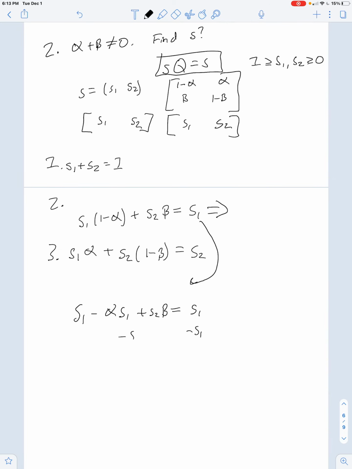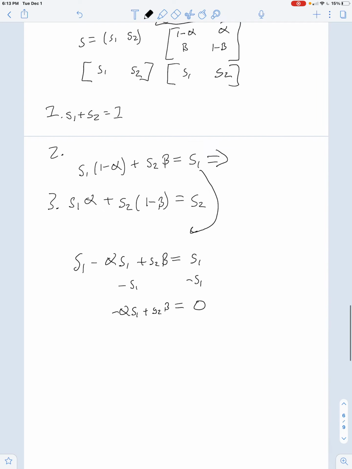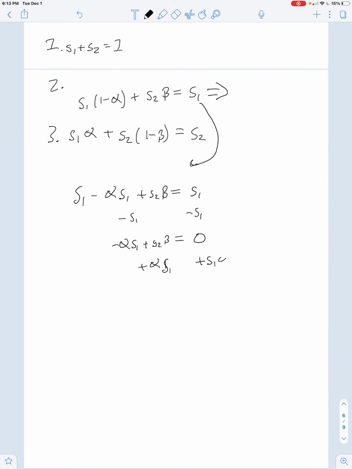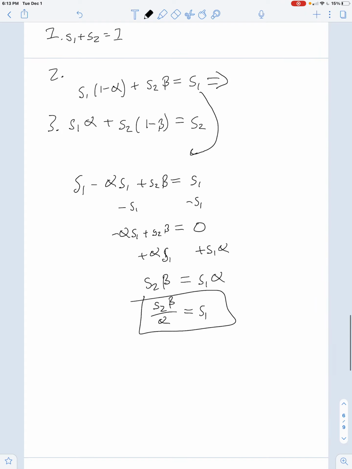I subtract S1 from both sides, and I get that 0 is equal to negative alpha S1 plus S2 beta. I add alpha S1 to both sides, and I get S1 alpha is equal to S2 beta, and then I have S2 beta over alpha is equal to S1, and I've solved for S1.